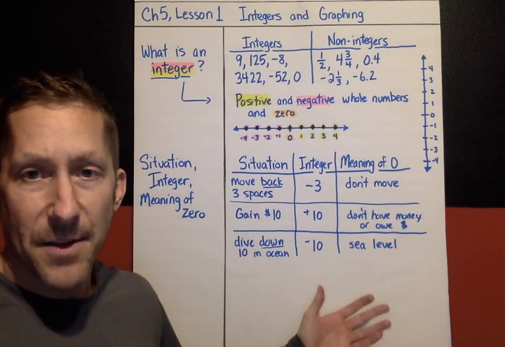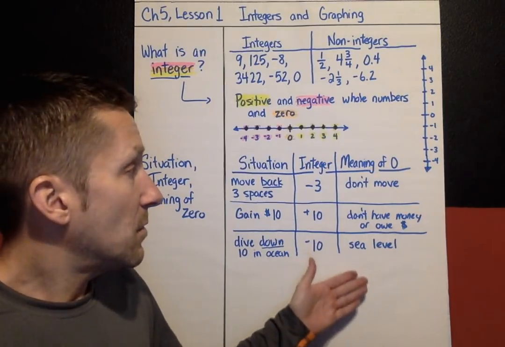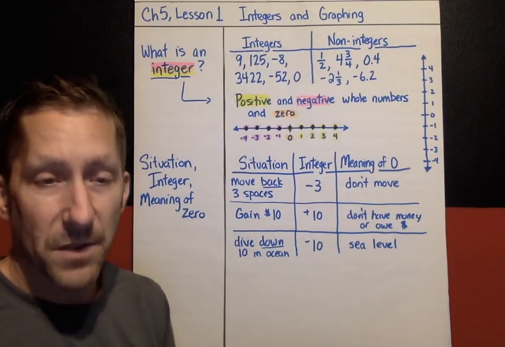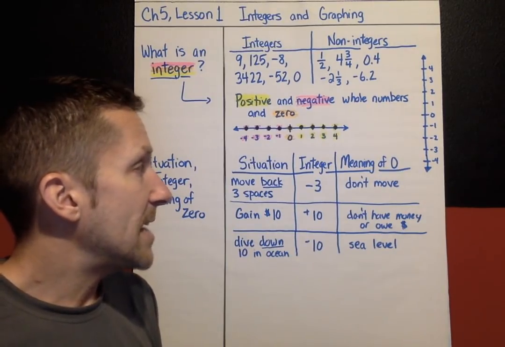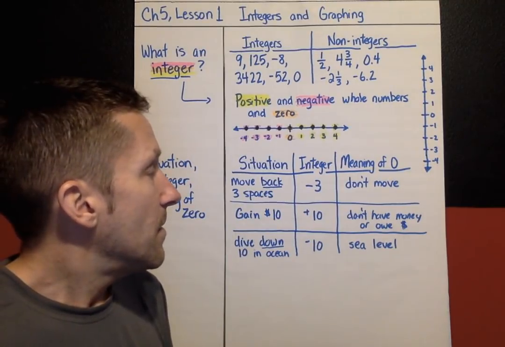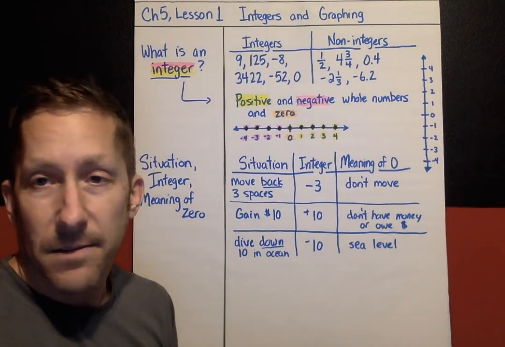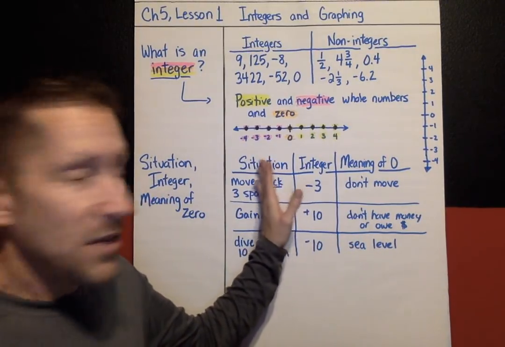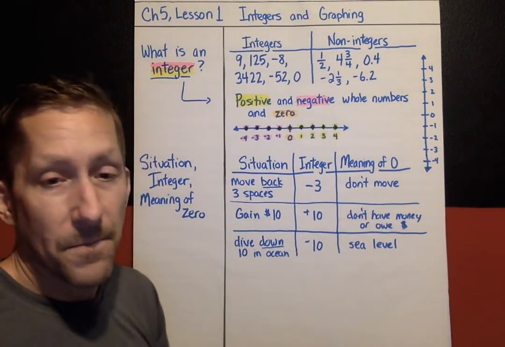Water freezes at 32 degrees. So the meaning of 0 in temperature, you could say that it's 32 degrees below 0, or you could just say that it's 0 degrees. You could also describe it as it's cold. So you really have to think about what the situation is and what is the meaning of 0.